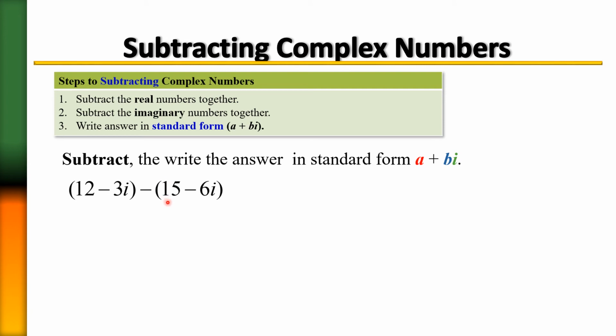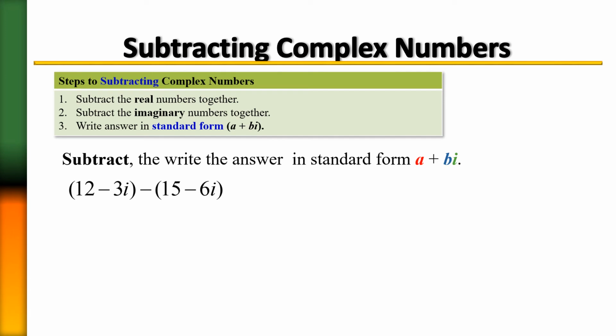So with this second group, instead of this being a positive 15, it's going to become negative 15. And instead of the term being negative 6i, it's going to become plus 6i. That's all you have to do, make sure you change those to their opposite. And then from there, it's a matter of just combining like terms.